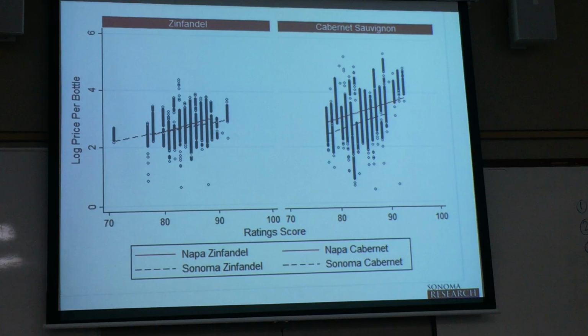At least I can't. But when you take the difference of these two equations, that difference will represent the percentage premium people are willing to pay for a wine from Napa over an equivalently ranked wine from Sonoma, both at 85.